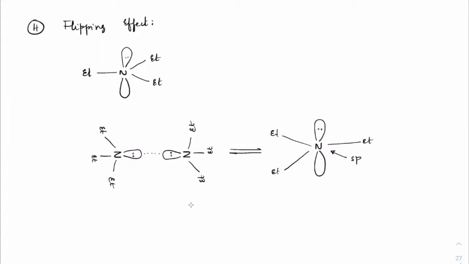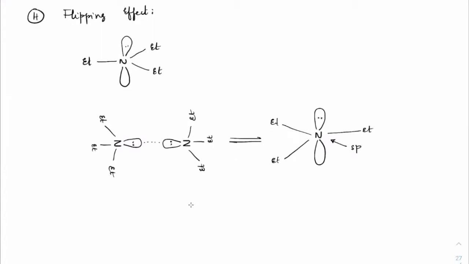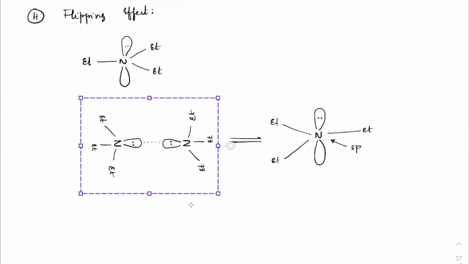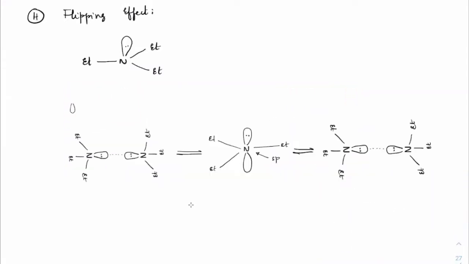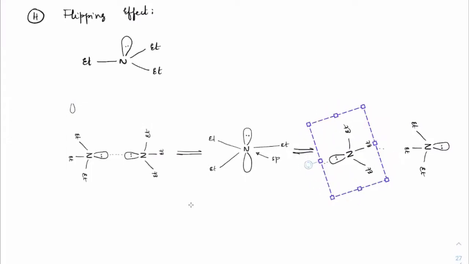Momentarily they will turn this way and again get back to this state. So from these two states they will change into this, and after the repulsion has been done, they will move back and turn back into their respective sites this way.